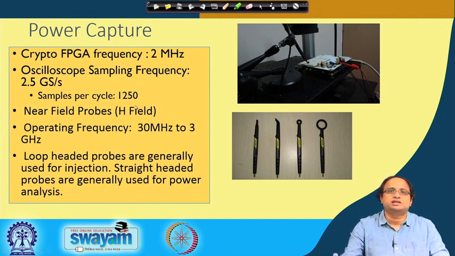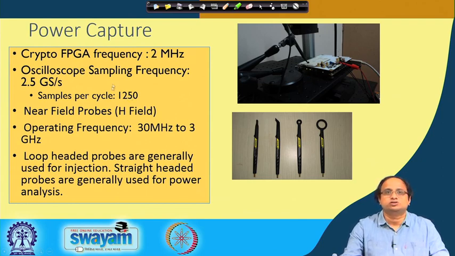The other important aspect is the sampling frequency of your oscilloscope. Typically, we set the oscilloscope sampling frequency as high as 2.5 gigasamples per second, while the crypto FPGA on the Sasebo or the Sakura board typically operates at a 2 megahertz clock. So, with 2.5 gigasamples per second and 2 megahertz, the samples per cycle is exactly 1250.